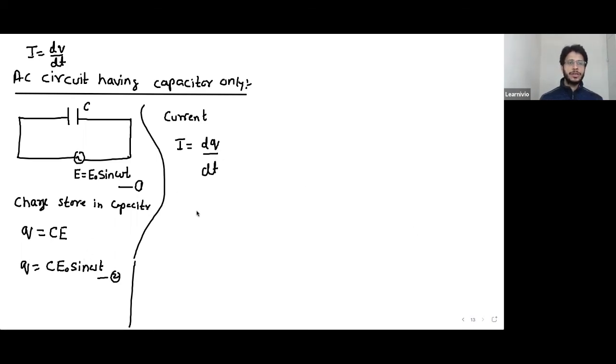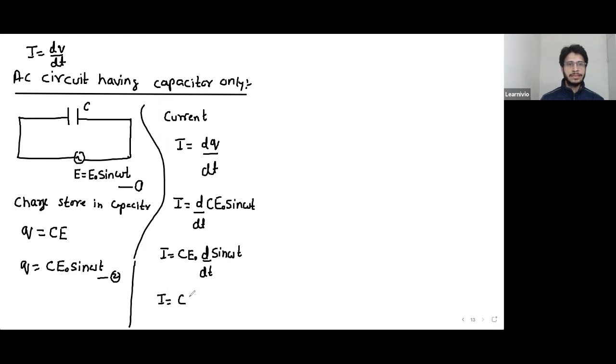Next I am substituting q to be C E naught sine omega t. So that's d over dt of C E naught sine omega t. It's C E naught times d over dt of sine omega t.